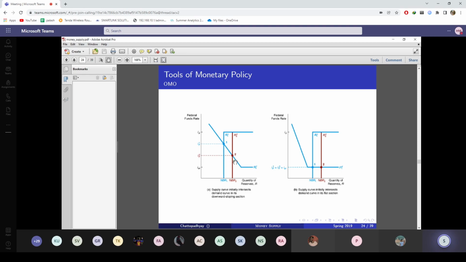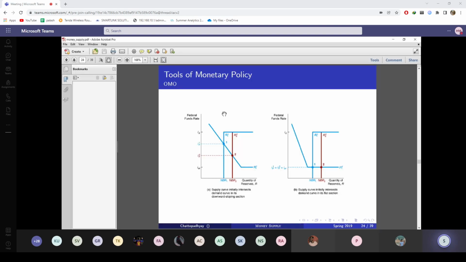Money supply increase कर रहा है, high powered money rising, money supply rising, interest rate is falling down, investment rises, output rises. यहाँ पे क्या हो रहा है? Reserves rising, money supply rising, interest rate is not changing, hence investment is not changing, output is not changing. So when my interest rate is at the floor, the monetary policy is completely ineffective.